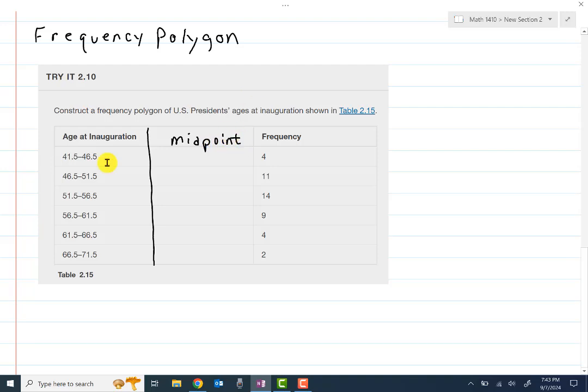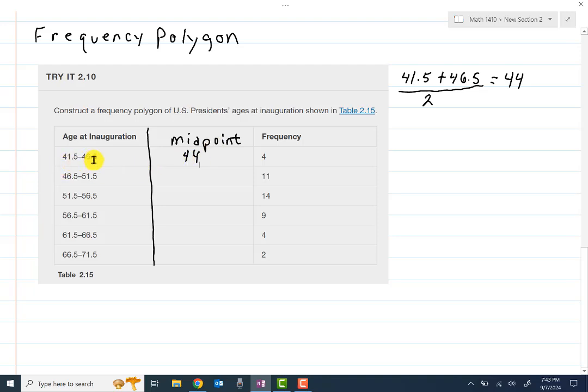So how I get the midpoint is I take the average of these two numbers. So 41.5 plus 46.5 divided by 2. That equals 88, so that's equal to 44. Now you can pretty much generate the rest of it.